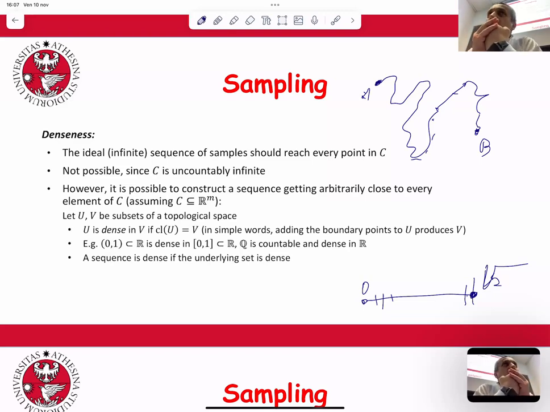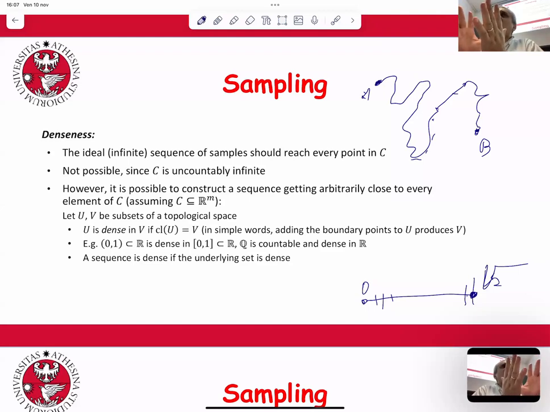So in other words, if I take a real number, like square root of 2 or like logarithm of 4, depends on the basis of the logarithm. Let's say square root of 2 cannot be generated by any computer, so I cannot reach that point, but I have an infinite number of rational points that are as close as I want to this point.